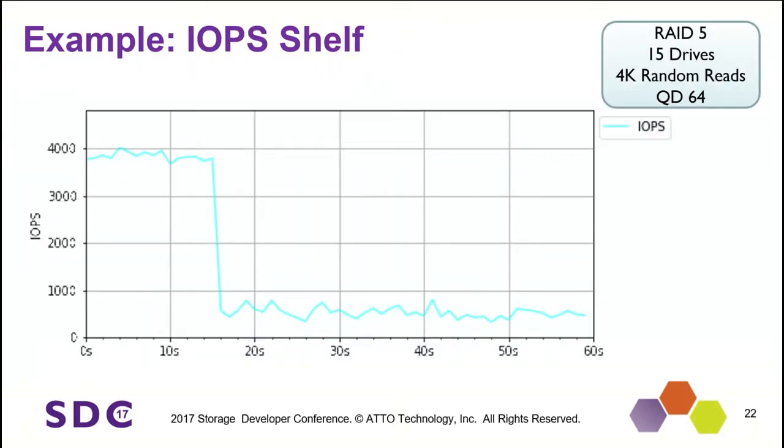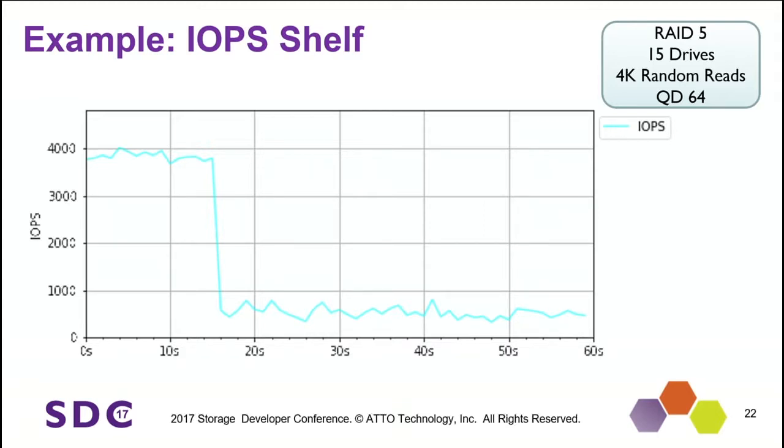We had another customer, and this is what the IOPS looked like. Now, not all the time, but they'd be going along and it would just shelf, bang. And then a little while later, it would slowly recover, run for a while, bang, and hit the shelf again. And we're like, what in the world is going on with this?